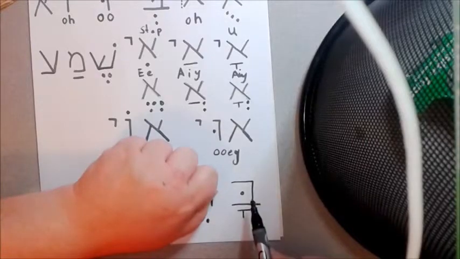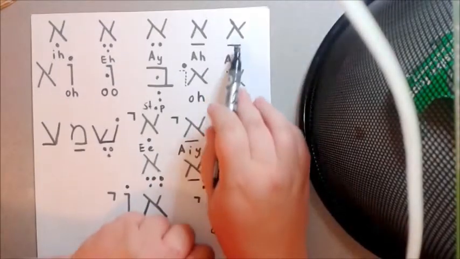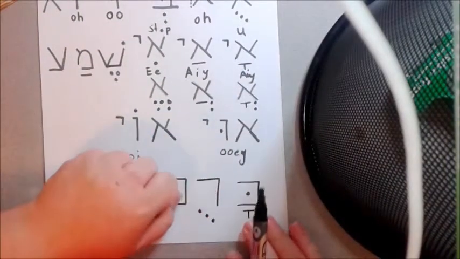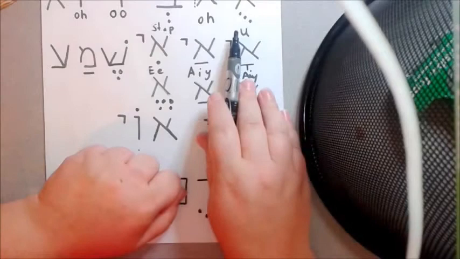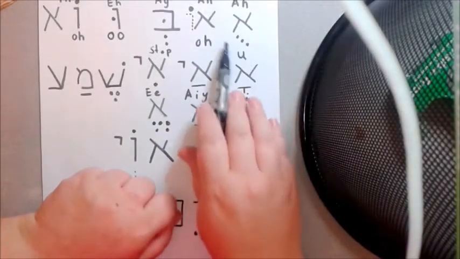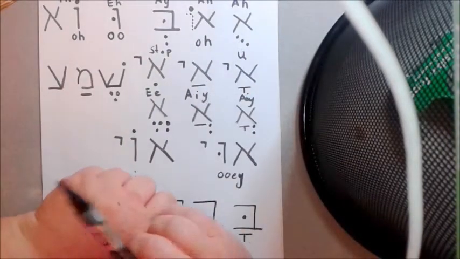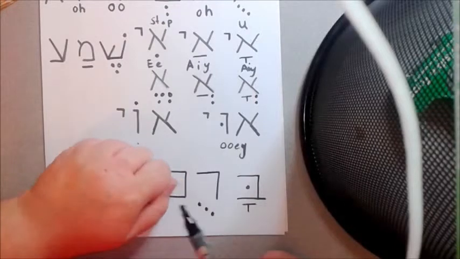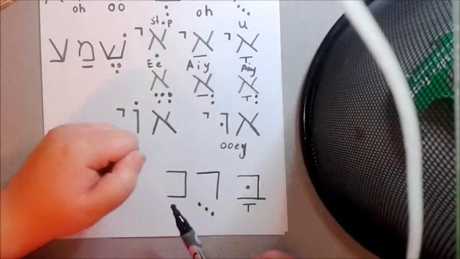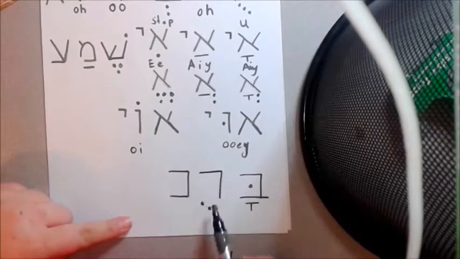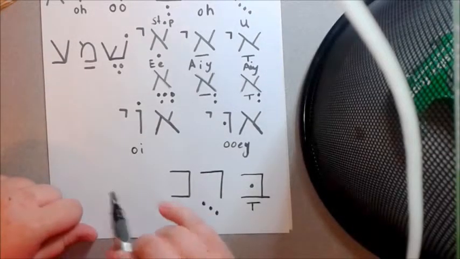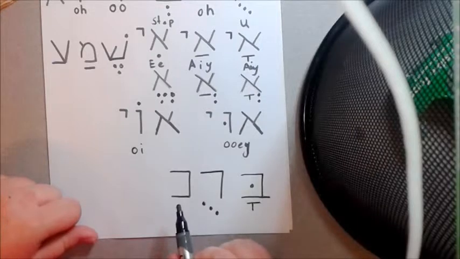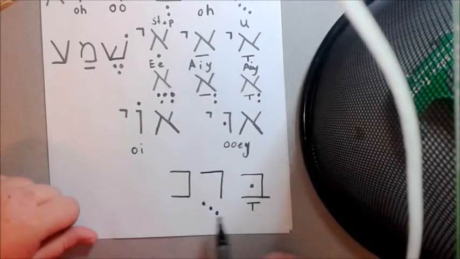It's just going to take the b, a, that's this one up here, and then the r is going to take the dots and have the sound. Ba, r, ch. And the final sound is going to stop it. See, if there were another vowel underneath here, it would keep going, but because there's not, this is going to be the stopping sound. Baruch.